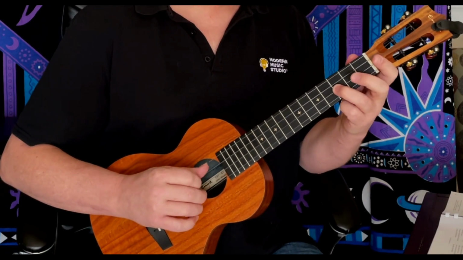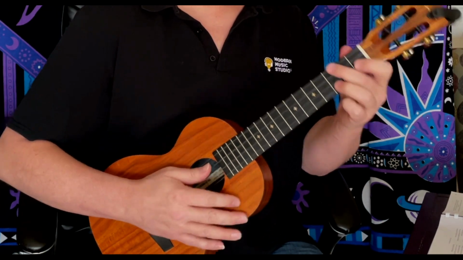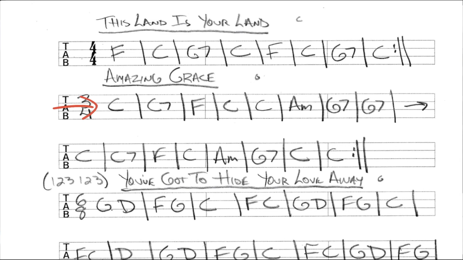And this is going to start with, that's your kind of beginning there. So 3 strums for each chord. So starting with C. Going to C7, going to F, back to C, C again, 1, 2, going to A minor, and G7, and again, back to C, C7, F, C, A minor, G7, and C. Twice.